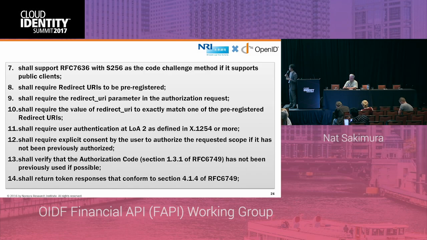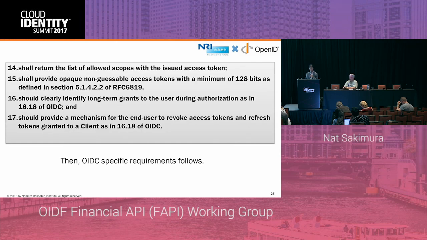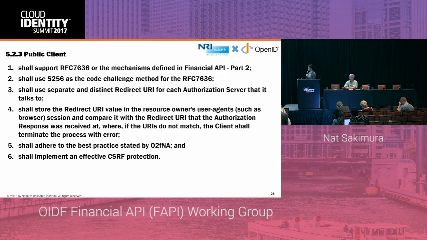And shall require redirect URIs to be pre-registered, shall require the redirect URI parameter in the authorization request, and so on and so forth. So it's actually pretty good guidance for you to build an authorization server securely. And the requirements go on and on like that.